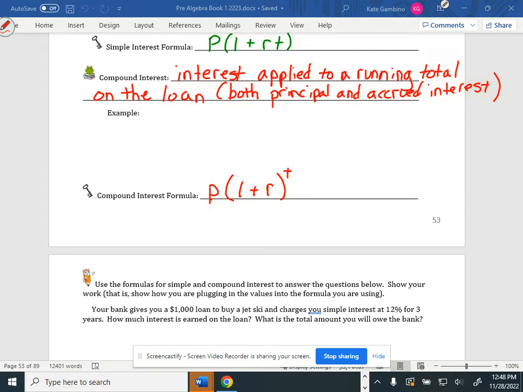So first we're going to do our parentheses. Then we do exponents. Remember, PEMDAS, parentheses, then exponents. So we'll do the exponent, then we'll multiply it by the principal. So it's not so complicated once you know where to put your numbers into the formula.